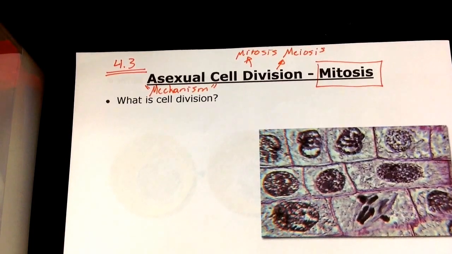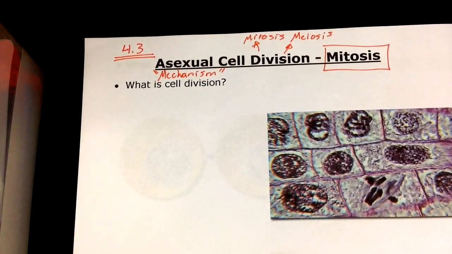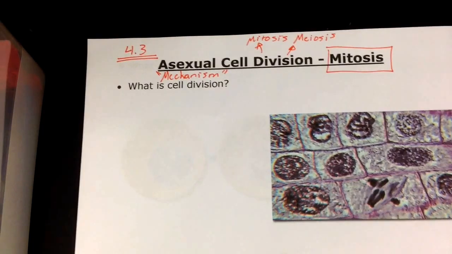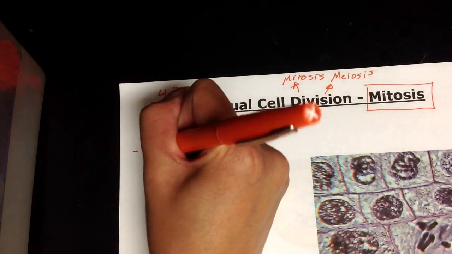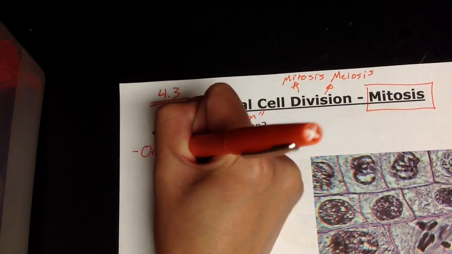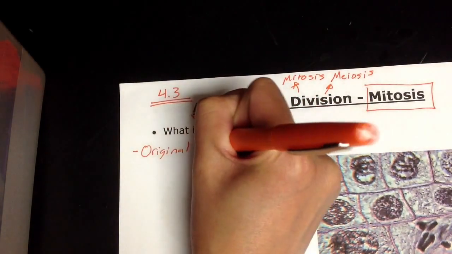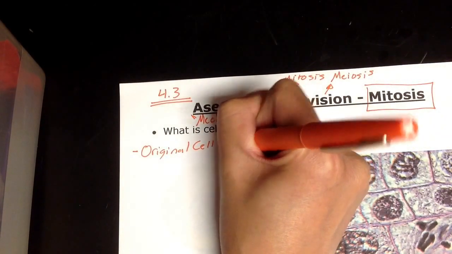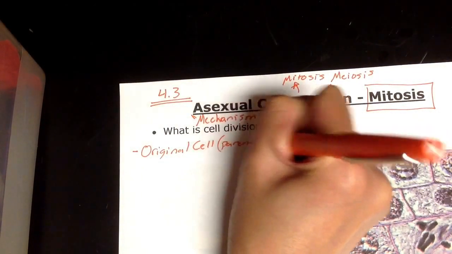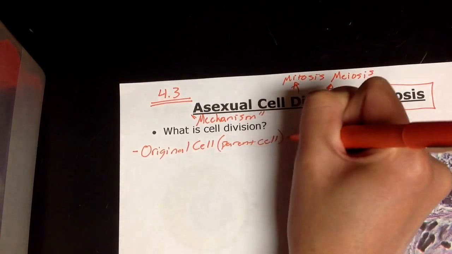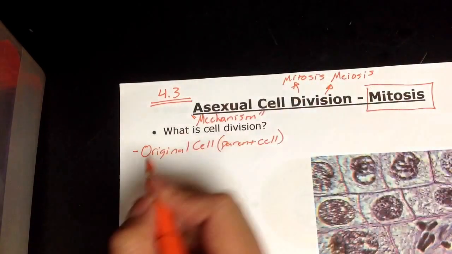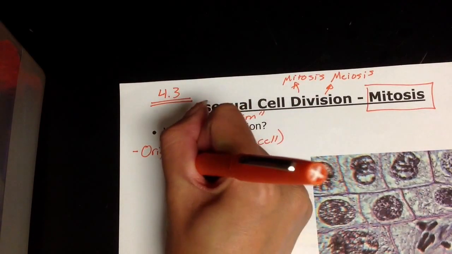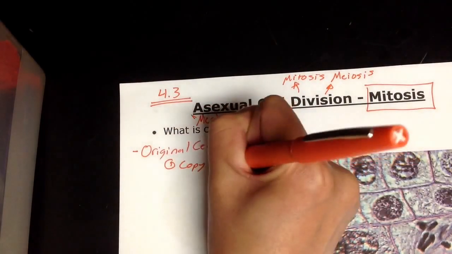So first question we want to explore is, what is cell division? Cell division is simply taking an original cell, that's often known as the parent cell, and dividing or making copies of it. So you have an original cell, but first you need to copy the DNA.